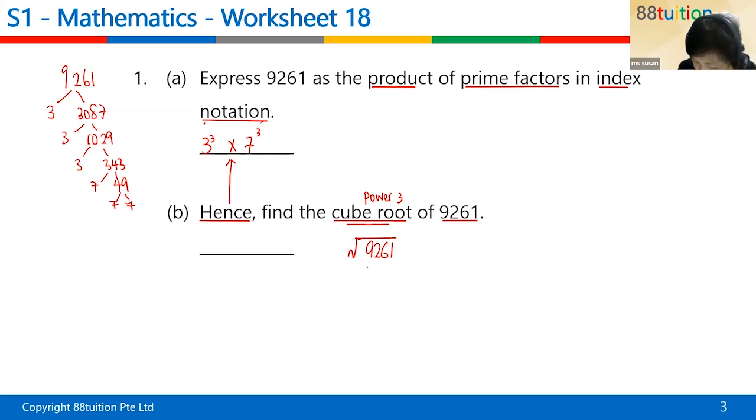The cube root of 9261 is the cube root of 3 to the power of 3 times 7 to the power of 3. The indices of the prime factors are all divisible by 3, so you can pick up 3 multiplied by 7, which will give you 21.